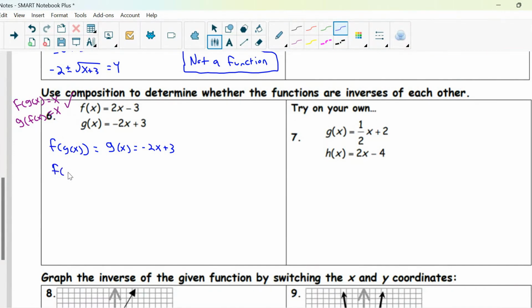So f of negative 2x plus 3 is going to give me 2 times negative 2x plus 3 minus 3. I'm going to distribute my 2. So I've got negative 4x plus 6 minus 3, which is just going to give me negative 4x plus 3, which obviously is not x. So I can automatically conclude that these are not inverses.